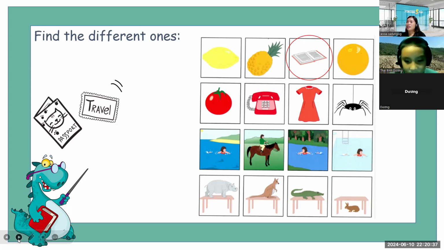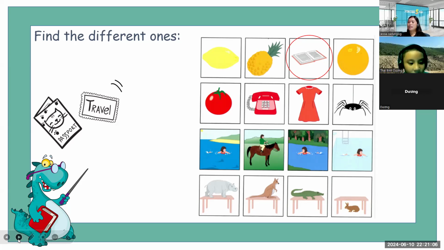Oh, that makes it different. So here in the first picture, the book is different because the book is not a fruit, while the other pictures are examples of fruit.